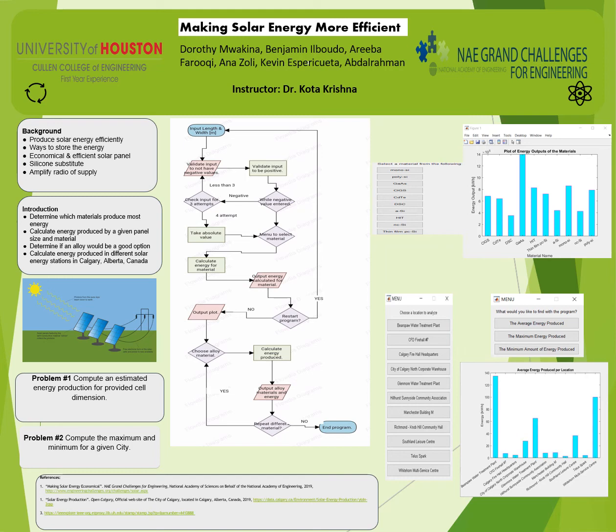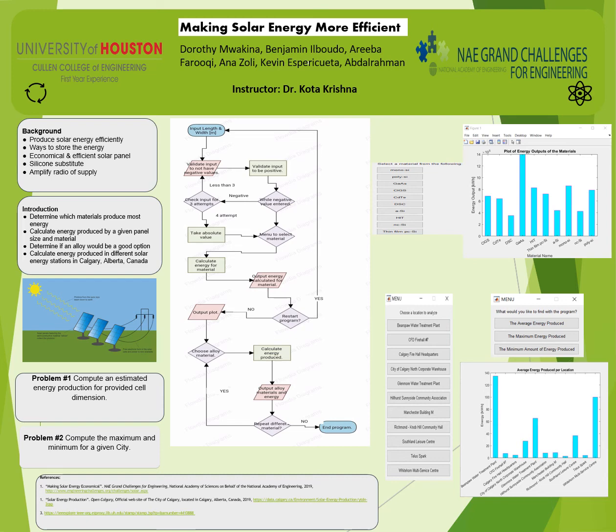Hello, this is Benjamin Ilbudo. I'm going to be explaining the outputs of our problem number 2 on the bottom right of our PowerPoint. So the users have a choice of calculating the average energy produced in Calgary, the maximum energy produced, or the minimum energy produced.